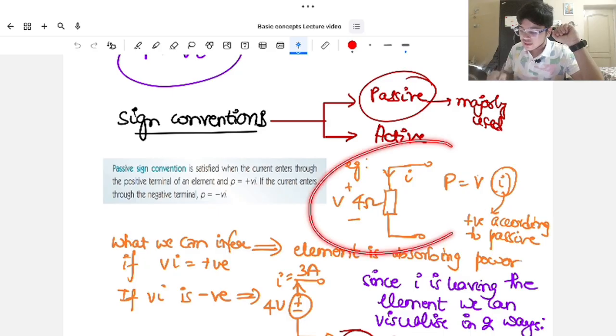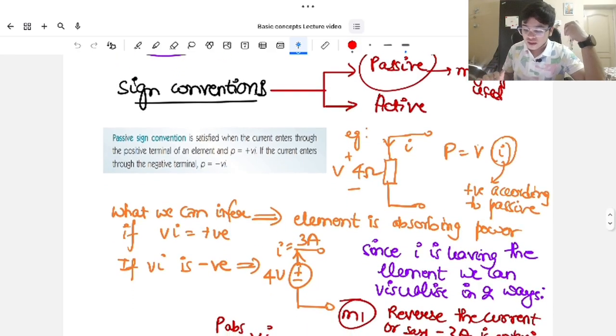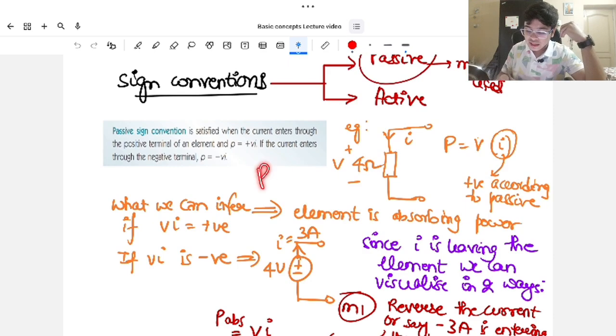In it, the current is entering the positive terminal of the circuit element. The formula P is equal to VI in this case gives me the absorbed power.